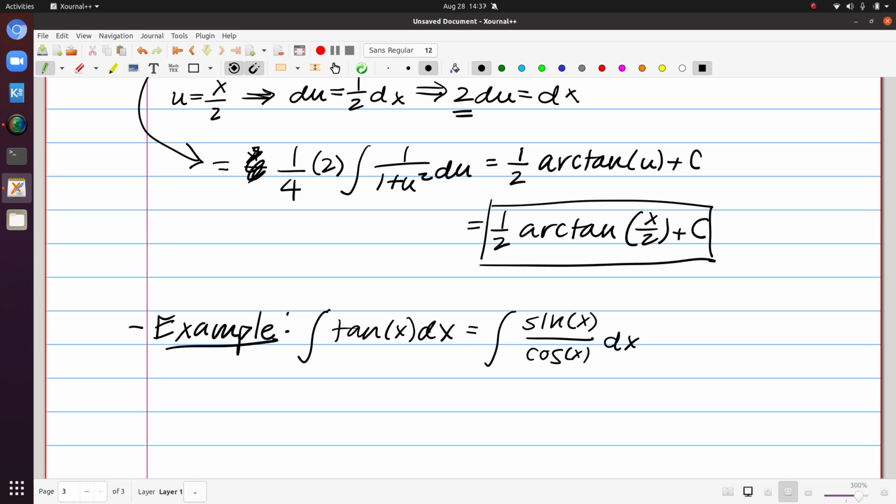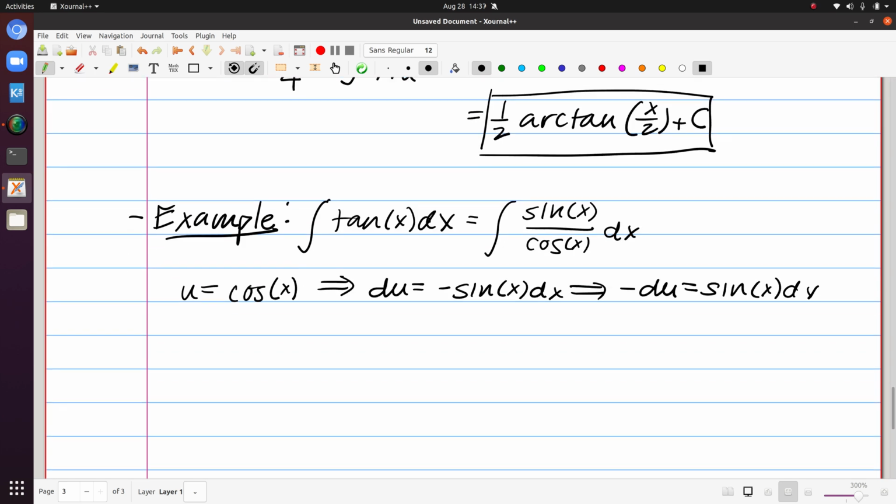Now, in terms of choosing which one of those to be u, you wouldn't ever want du to be in your denominator. So I really want the denominator to be representative of u, in which case the derivative is minus sine x dx. So minus du can replace sine x dx.